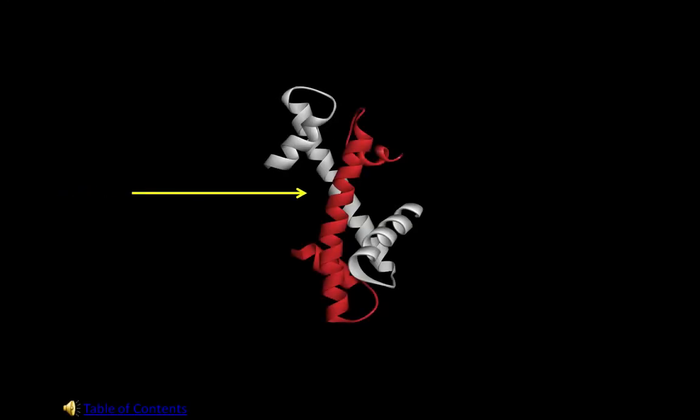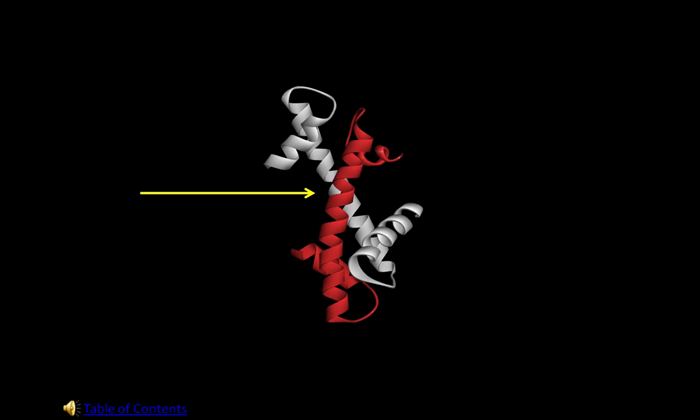Here's the axis of symmetry. In order to appreciate it, I draw your attention to the fact that the long central helix of subunit H3, the white subunit, is underneath its red partner, and its short helices, helices 1 and 3, are pointing slightly toward the rear of the computer monitor view.